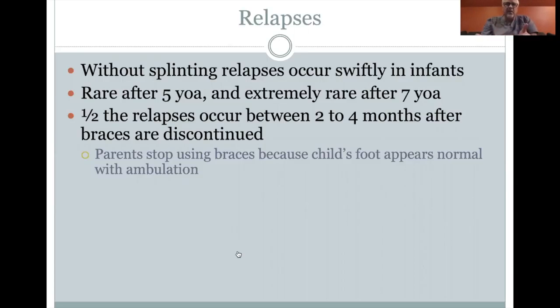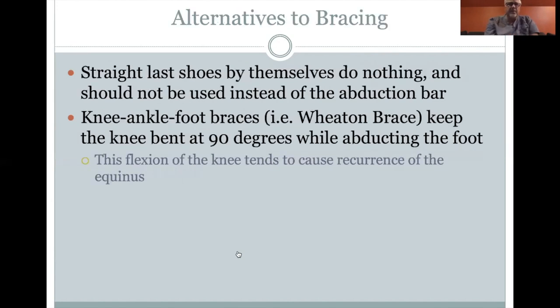So they think that everything's fine and they can just move on. Because it is a bit labor intensive, they have to fight the kids getting the brace on. Sometimes they have problems with sleeping with the brace, and it's not always a fun experience, but it's really, really critical to maintain the correction of deformity and to prevent recurrence.